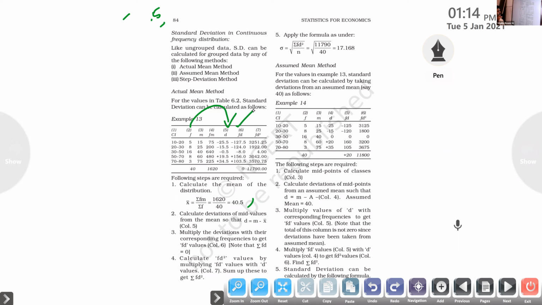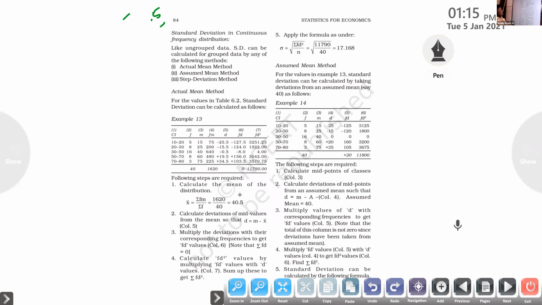Next one, FD square. FD into FD, I mean minus 127.5 into minus 127.5. So that's what FD square. Final step, we want to find out sigma FD square. Add all these numbers together, we will get 11790. Clear? So we want to find out these values first.